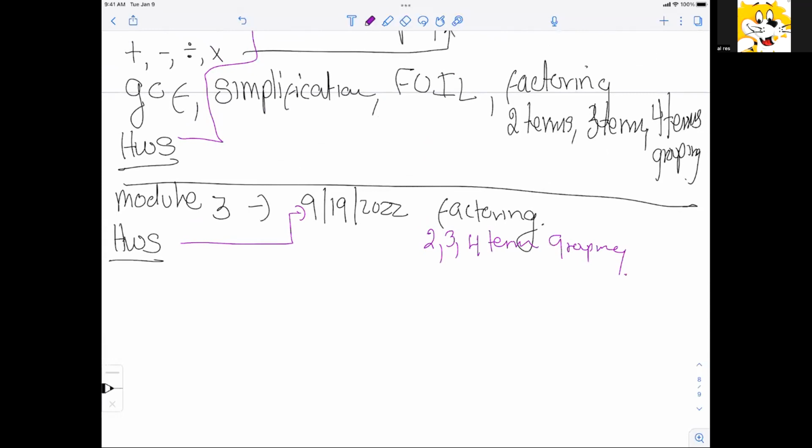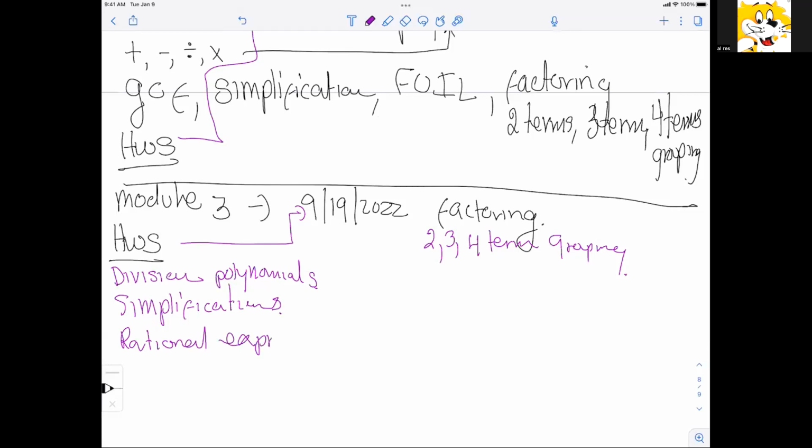Module 3, we did division of polynomials. We did simplification of polynomials. We did rational expressions. And what are rational expressions?